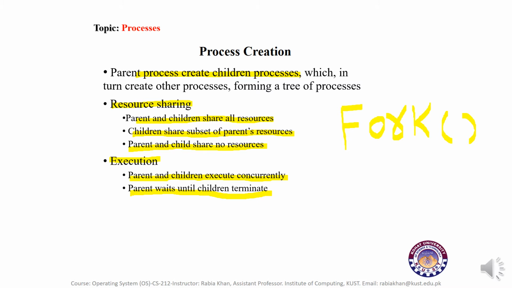So this is the situation when forking occurs, how parent and children processes can be executed and how resources can be assigned to them. If it is a single process, the situation is simpler. But when there is forking, these things may happen in your system.